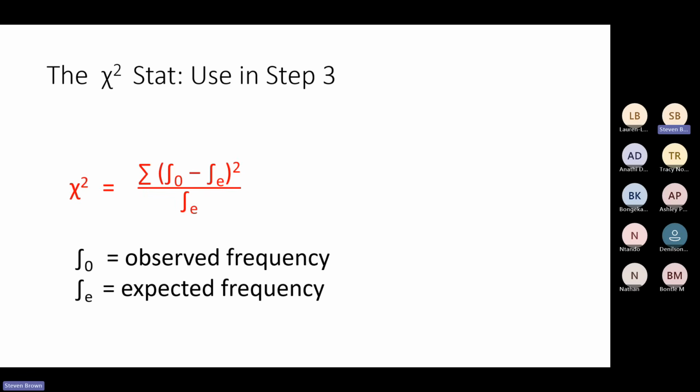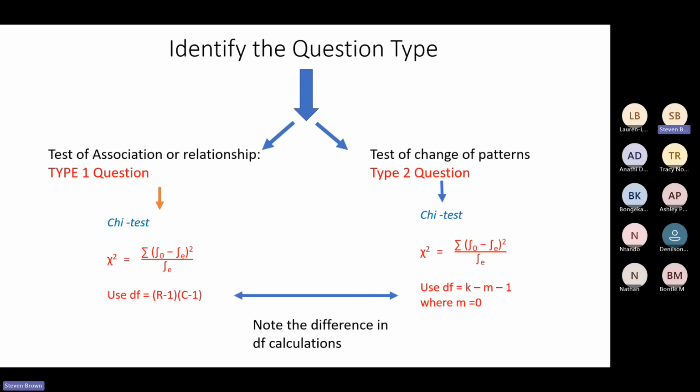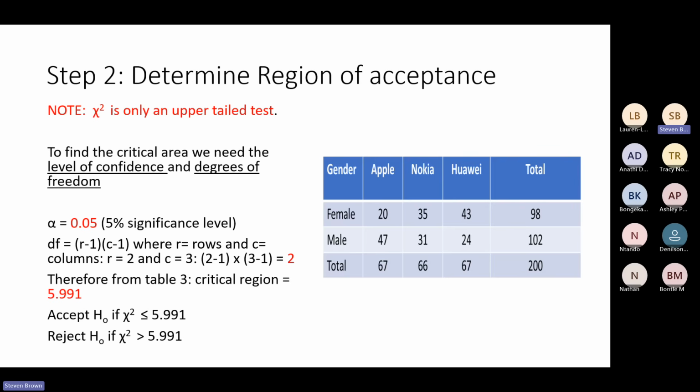Sorry, hang on, my mistake. So the first thing is we need to go back here. This is where things get a bit tricky: you need the degrees of freedom calculation, because you need that number to go to your table. Right, so number 1: the significance level is 5%. They've given that to you in the question. And degrees of freedom, R-1, C-1.